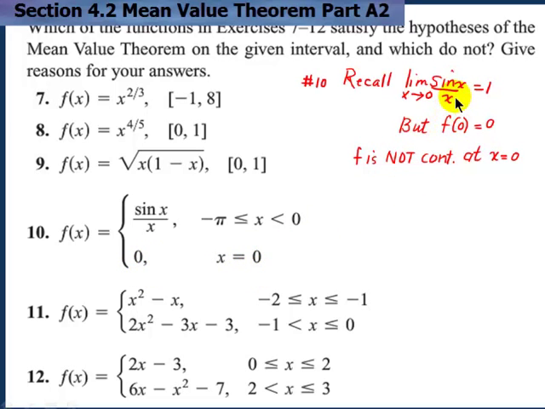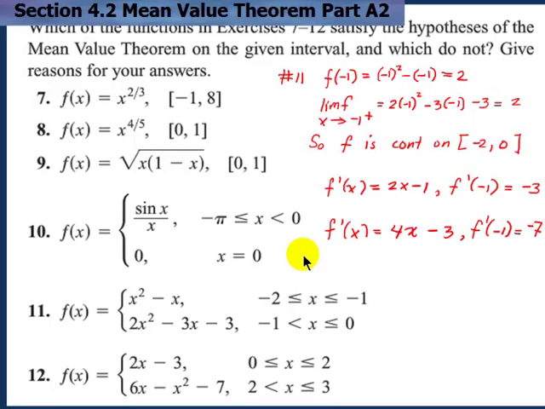Since the limit as x approaches 0 is not equal to f of 0, that means f is not continuous at x equal to 0. So already it doesn't satisfy the first condition of the mean value theorem, so we cannot use the mean value theorem on number 10.